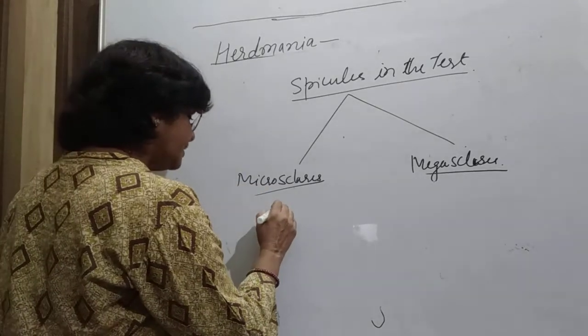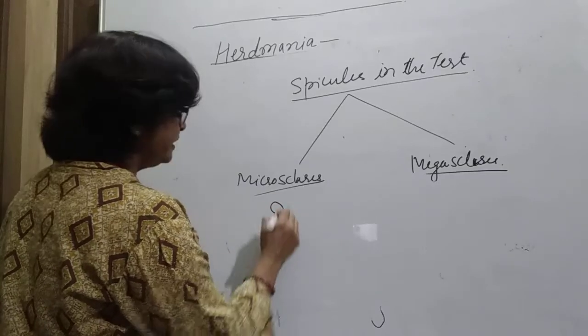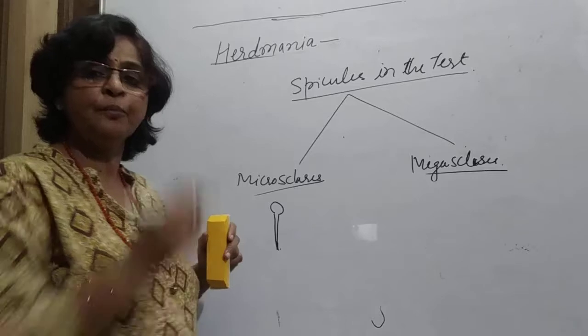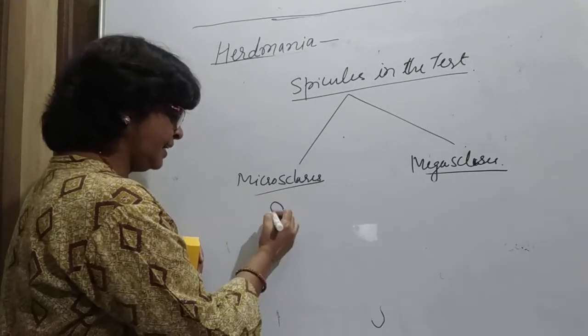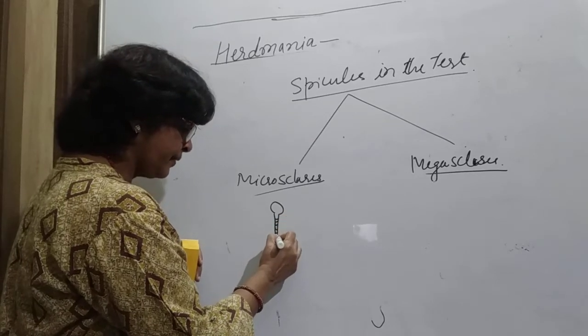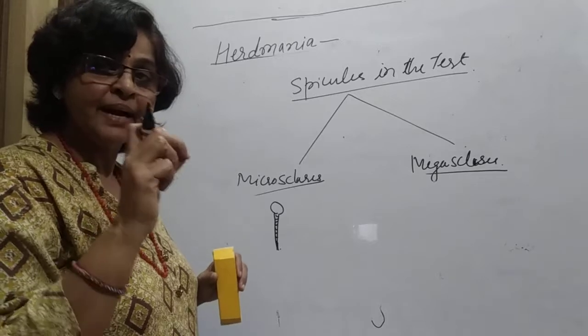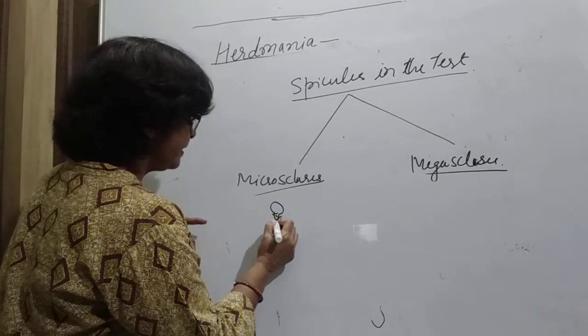Microscleres are small pin-like structures, paper pin-like, with a knob at the head and a small pointed end. And each microsclere has a number of rings all around the length, rings of spines. They are projected outwards. So you can make the structure like this.